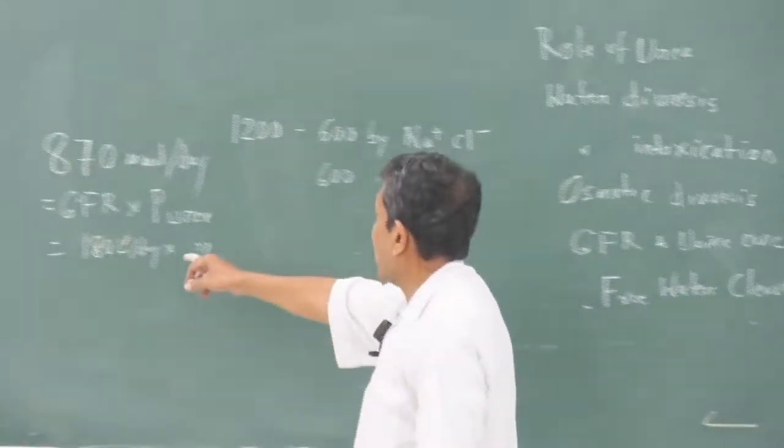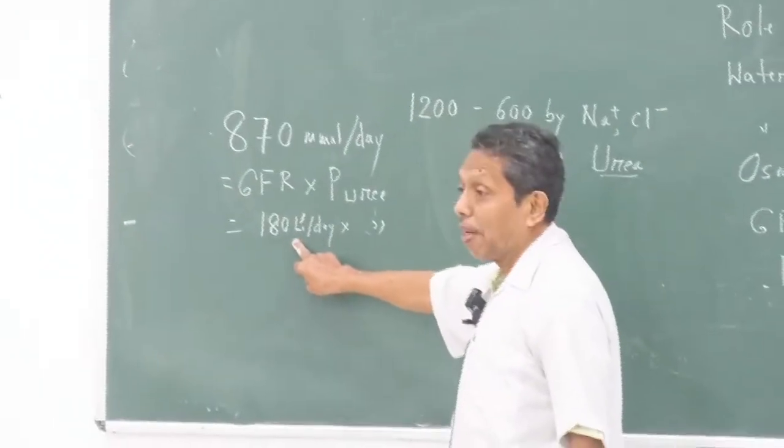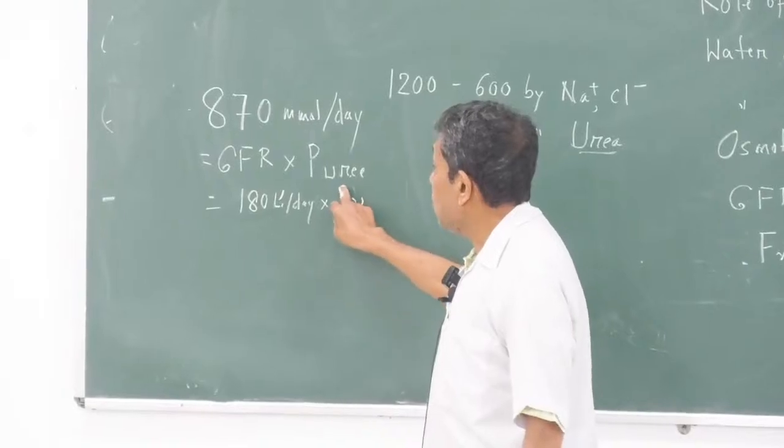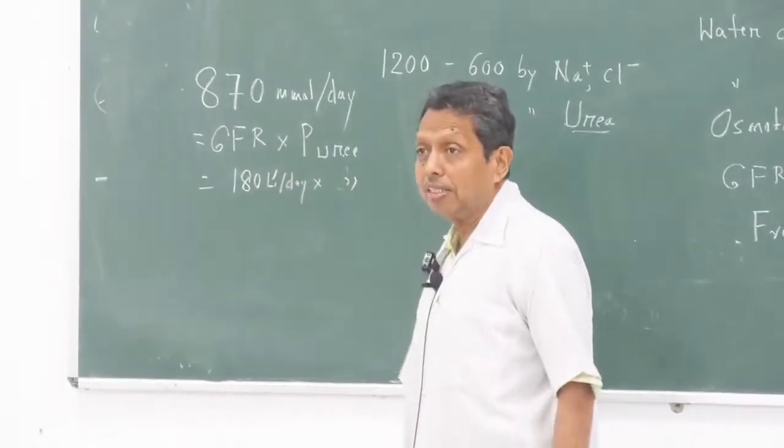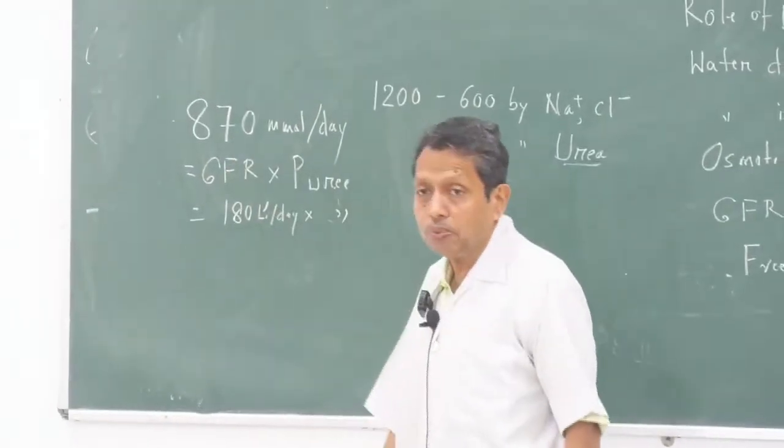Now it is the GFR. You take 180 liter per day multiplied by the plasma urea in millimole per liter. You can find out the value.